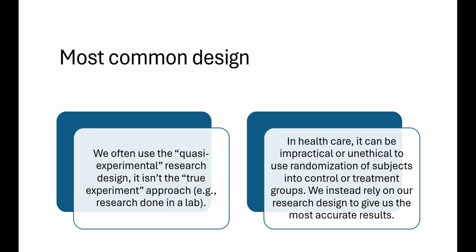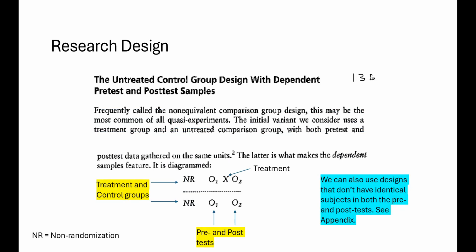So what we do instead, we're going to strengthen our research design to help give us more accurate results. And here's a classic research design. It's in the Shadish, Campbell, and Cook book on research design. And we see that this is the untreated control group design with dependent pre-test and post-test samples.